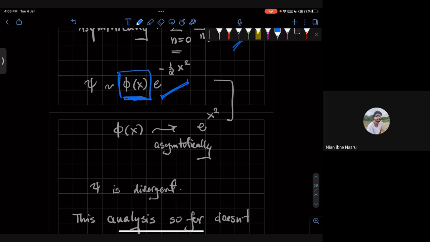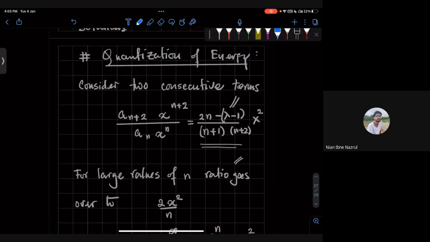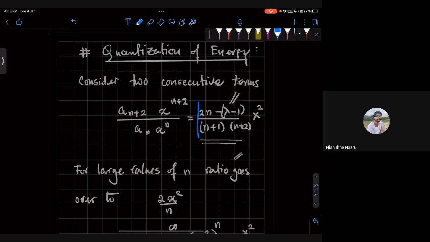Yes, sir. So that means that if at some point this guy goes to 0, depending on which solution we are looking at, then for some value of n, if this goes to 0, we have a natural truncation to the series.